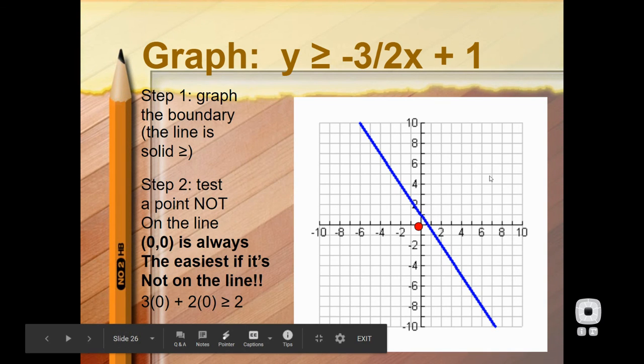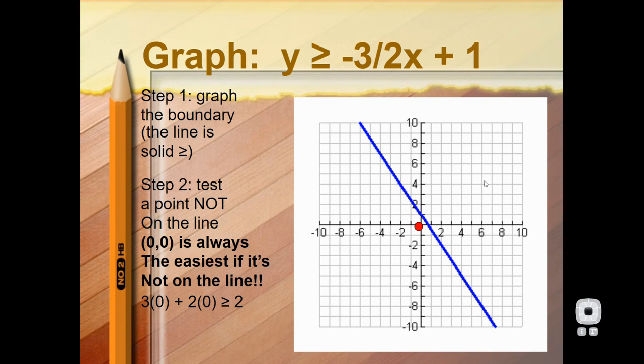I'll have to shade the other side. I can use a test point to determine which side I shade. That's just another way to figure out how to shade above or below the line. And it's simple, especially if I use the point 0, 0. Now, if the line is on 0, 0, I can't use that point, but I probably could use 1, 1.